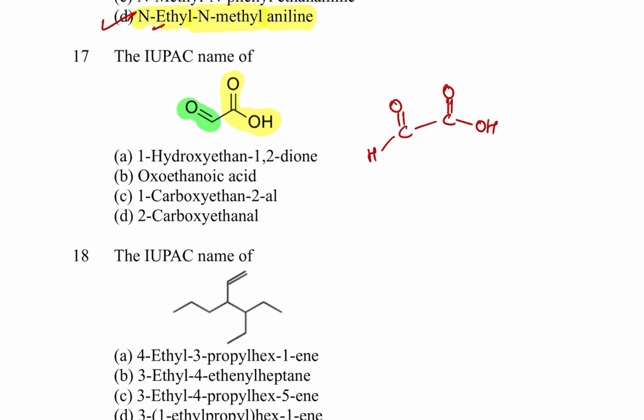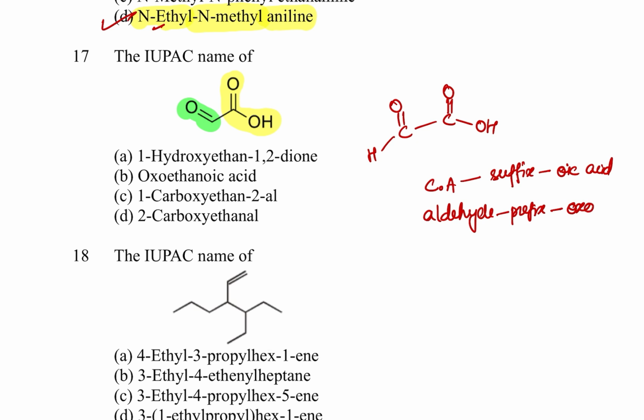So out of aldehyde and carboxylic acid, carboxylic acid gets more priority than aldehyde. So this will be taken in the form of suffix and written as oic acid. This is taken in the form of prefix and is written in the form of oxo.